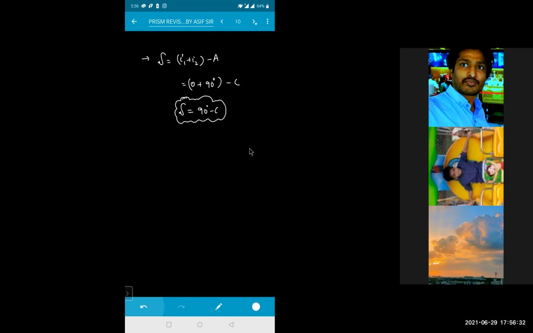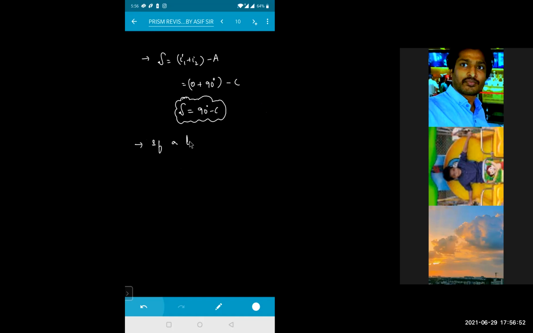That time I2 is 0. If the light ray is normally emerging out from the second face, I2 and R2 will be the same, that will be 0. And R1 will be equal to the critical angle. So I can write that point here.